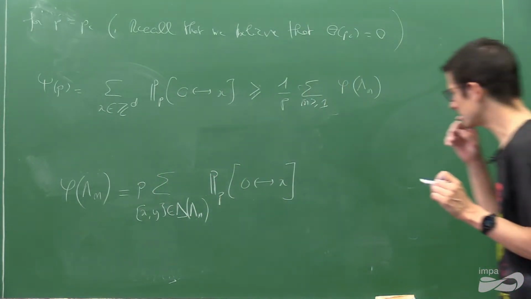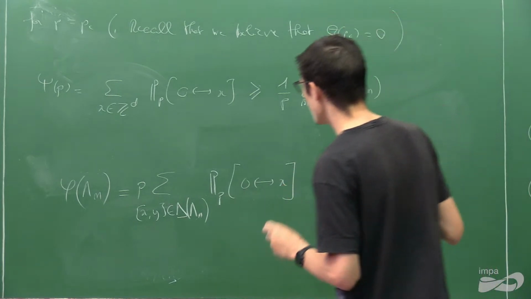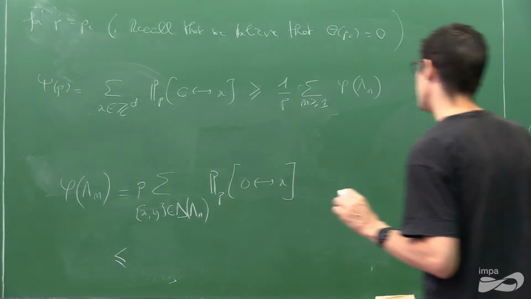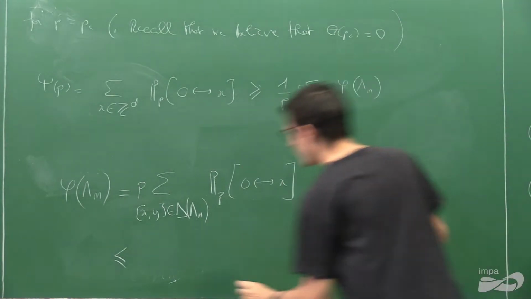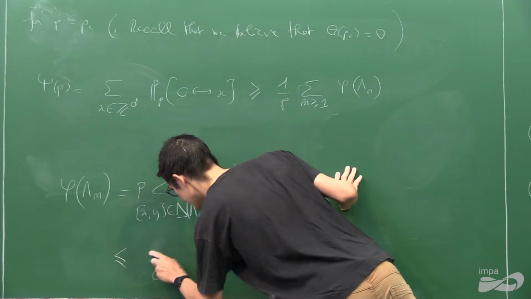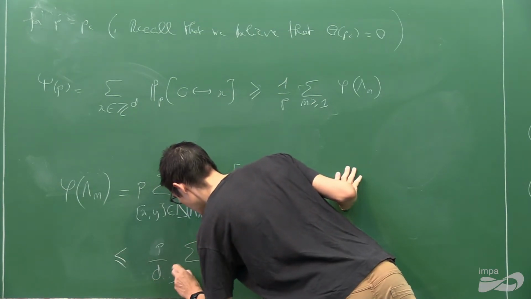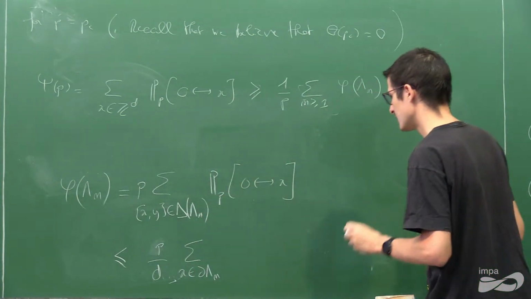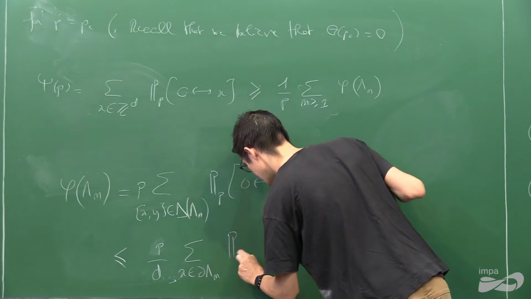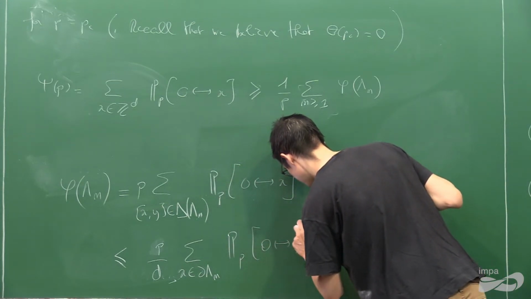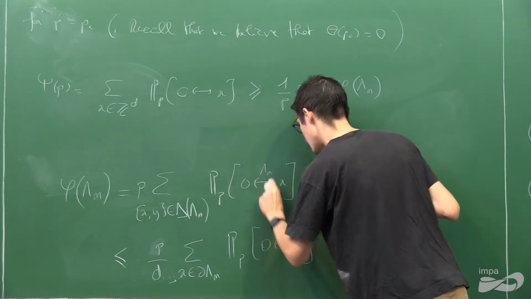Okay, so this is smaller than 1 over d times the sum over x in Lambda n times the probability that 0 is connected to x in Lambda n.